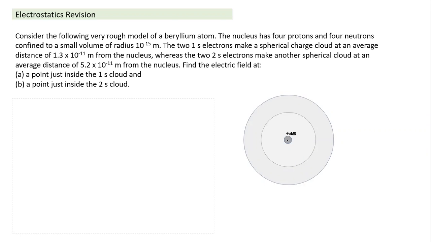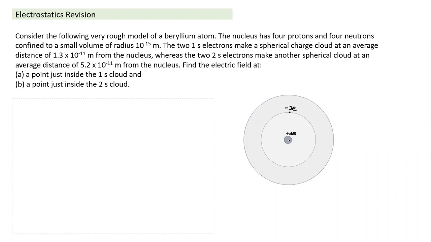This is the radius of the nucleus given here. It has two 1s electrons, so it will have a first orbit and a second orbit. In essence, there are 2 electrons in the first orbit, minus 2e, and the two 1s electrons make a spherical cloud at an average distance of 1.3. This average distance is nothing but the radius here.